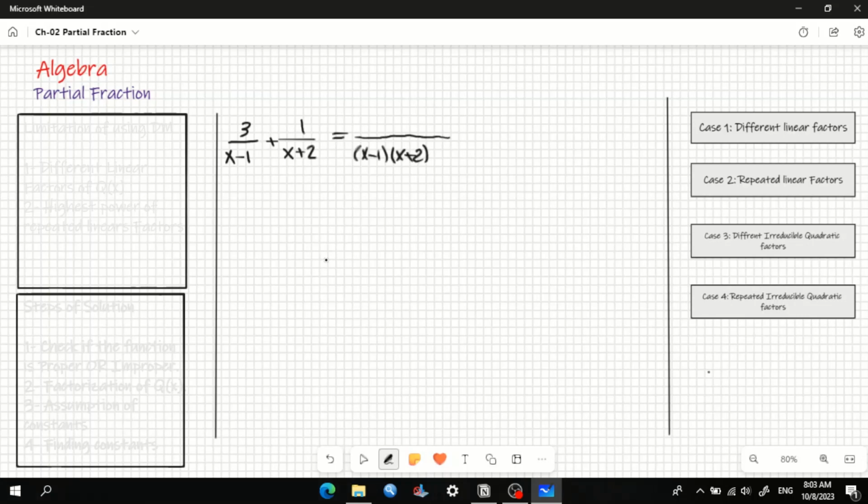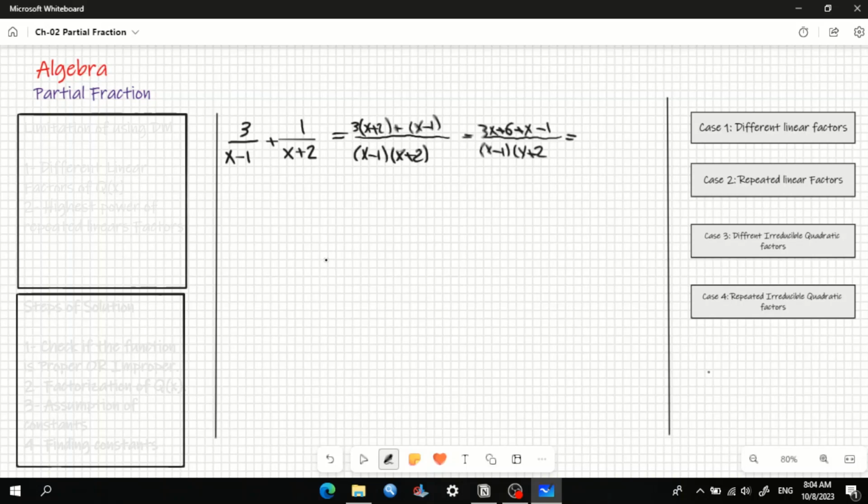Take the common denominator. The numerator here will be 3 times x plus 2 plus 1 times x minus 1. Here x minus 1, here x plus 2, and here 3x plus 6 plus 1 x minus 1.